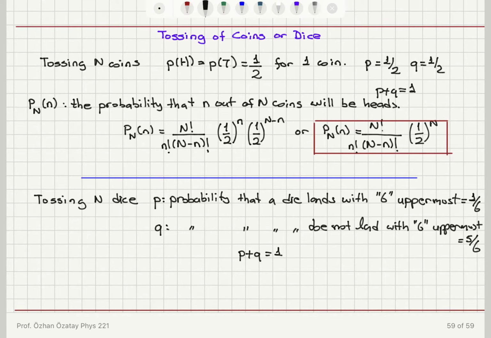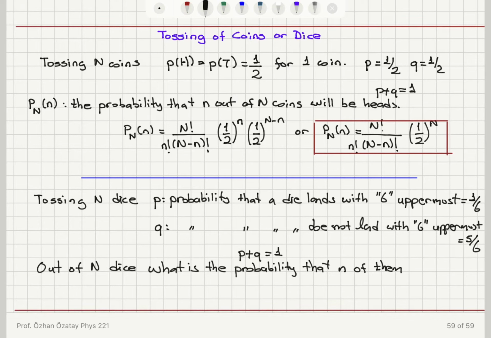Now I ask this question: out of capital N dice that I'm tossing, what is the probability that n of them, that is any n of them, land with 6 uppermost? So that's the probability of occurrence for n out of capital N dice. Again, the answer is given by the binomial distribution.